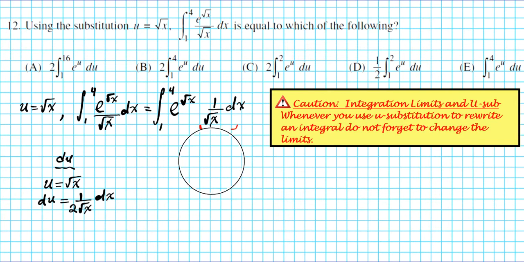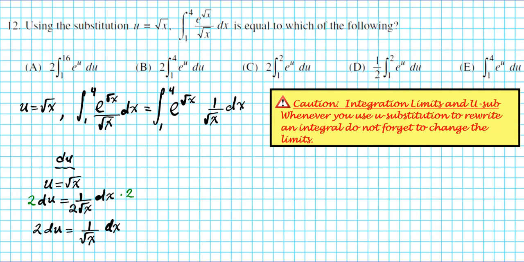So what we're going to do is get rid of that 2 in the denominator by multiplying by 2. So multiply both sides by 2. So we have 2 du is equal to 1 over root x dx, and that's exactly what we want. We have a perfect match. Okay, so we know how to fix this portion.